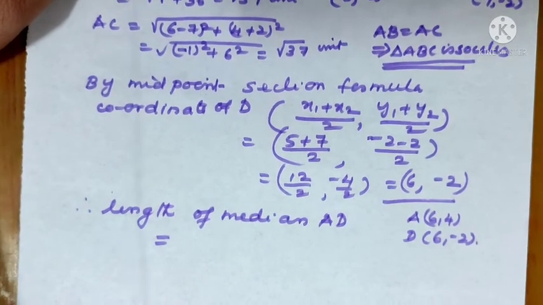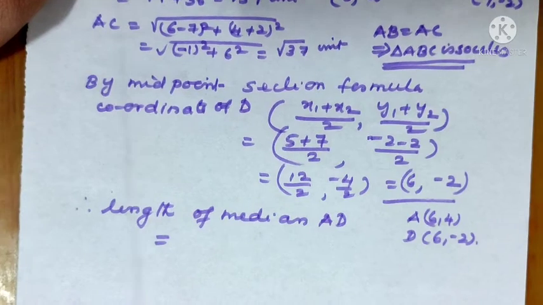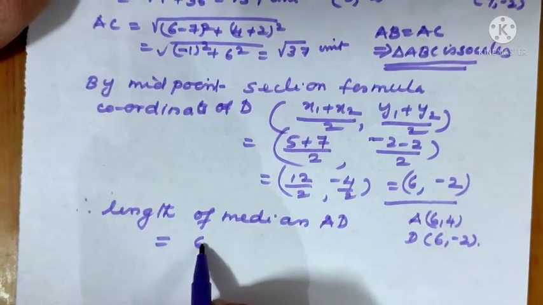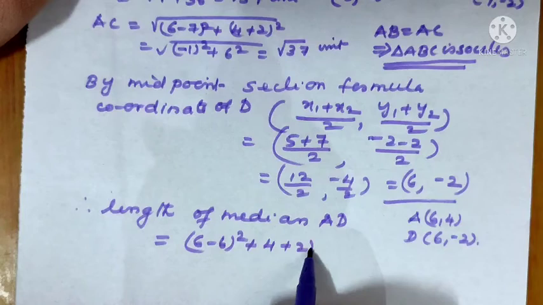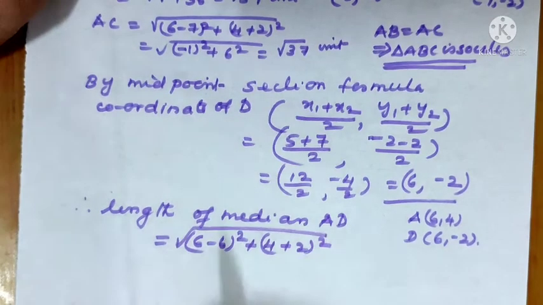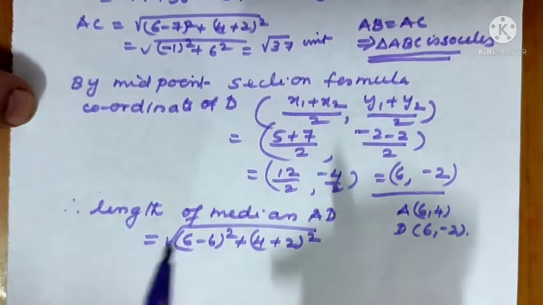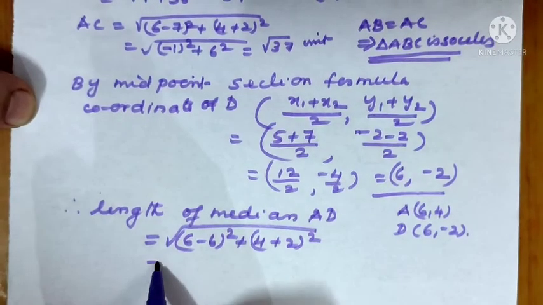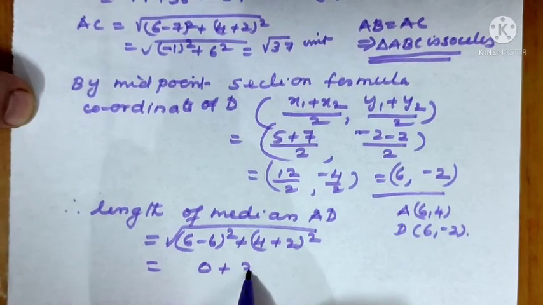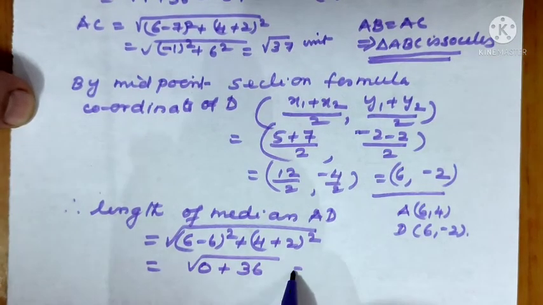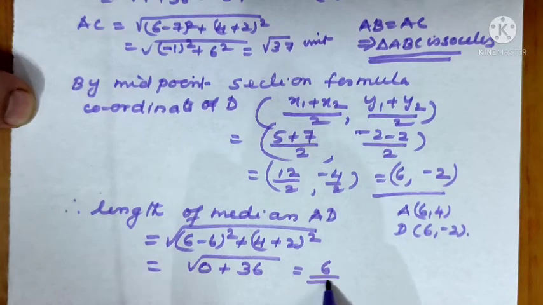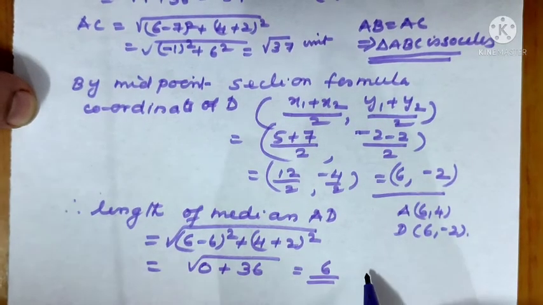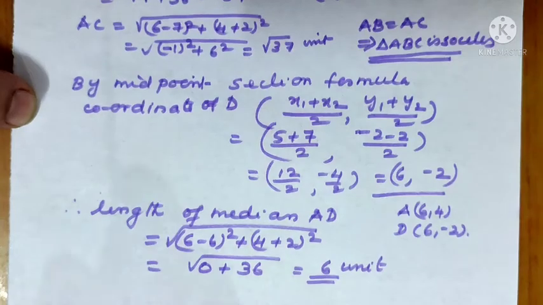Now we apply the distance formula: 6 minus 6 whole square plus 4 plus 2 whole square. So 0 plus 36 under the root, the value is equal to 6 units. So the length of the median is 6 units.